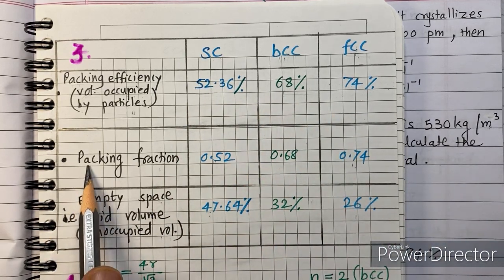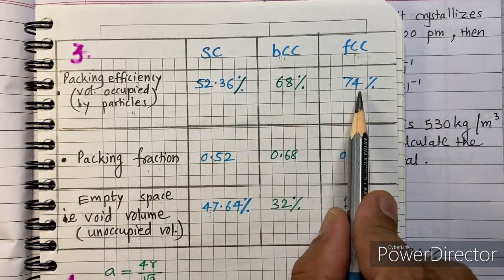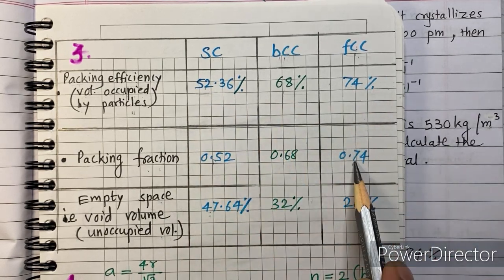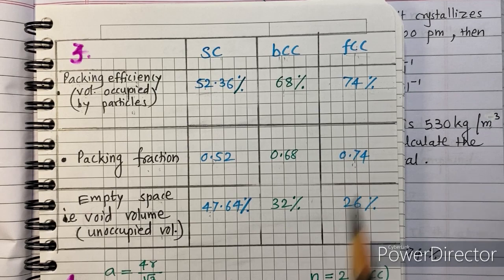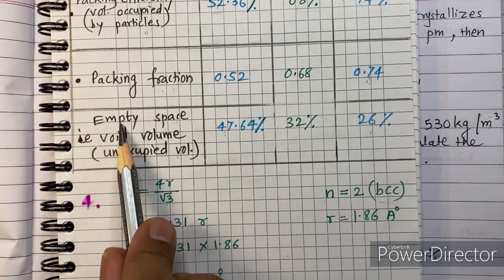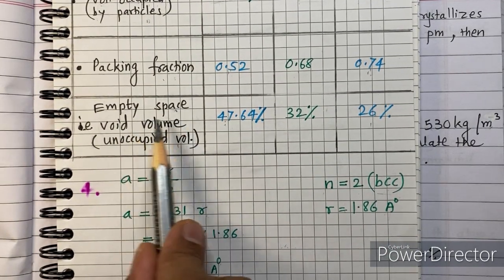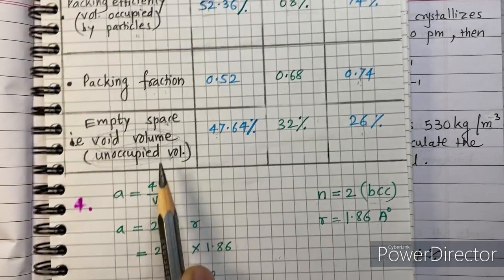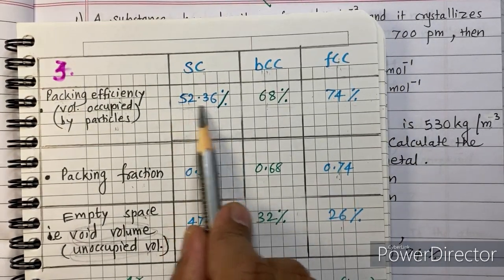Okay, next, packing fraction, that is this divided by 100, that is 0.52, 0.68, 0.74. Okay, next, now empty space, that is a void volume, unoccupied volume, that is 100 minus this.